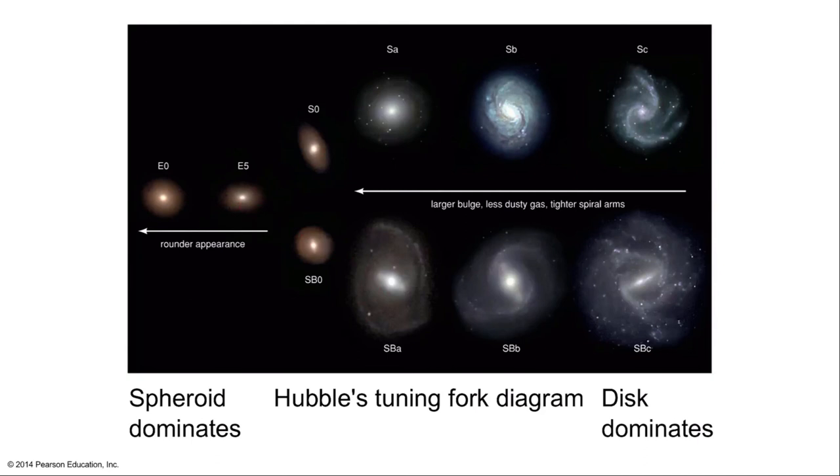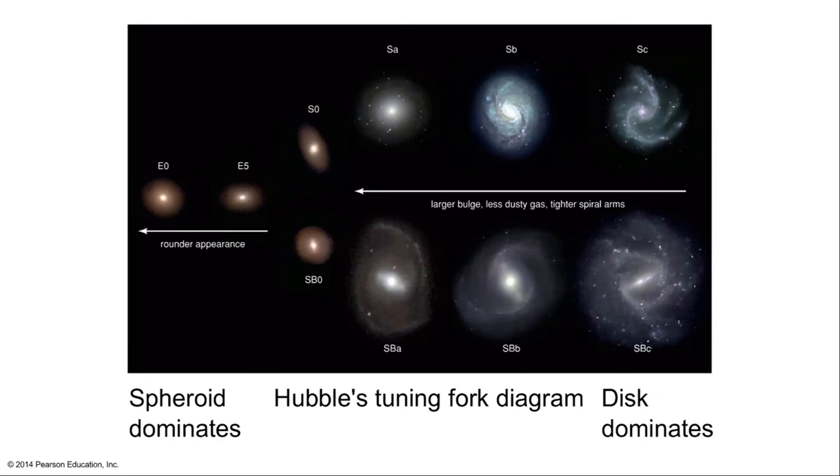And then you start off with very tightly wound spiral arms in your spiral galaxy. And then as the galaxy evolves, those spiral arms unwind, and you eventually end up here in an irregular galaxy, either taking the path of a barred spiral or taking the path of a non-barred spiral.